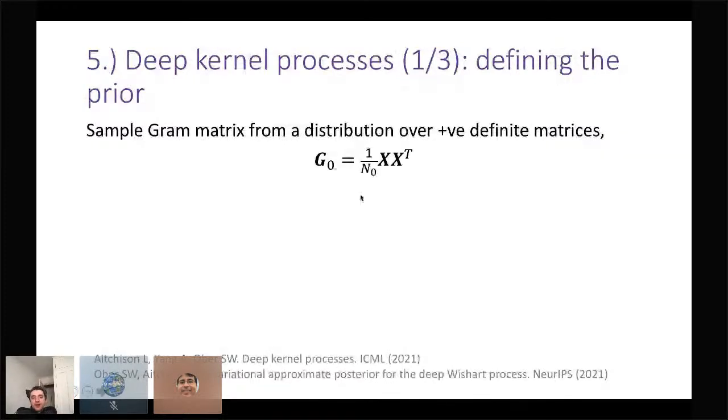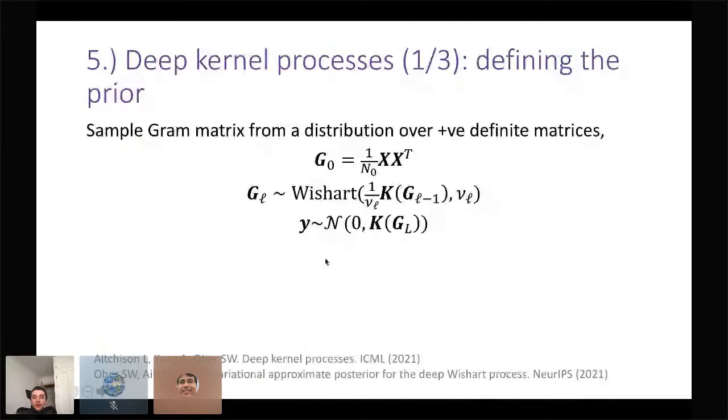So again, we start with this G0, and then we're going to sample now, sort of iteratively or recursively, the Gram matrix at one layer based on that nonlinear transformation of the Gram matrix at the previous layer. And you can again incidentally see that even if this K here just gave you back GL minus 1, that GL here would still be different from GL minus 1 because GL is being sampled from this distribution. It would just be a distribution that is centered here on GL minus 1.